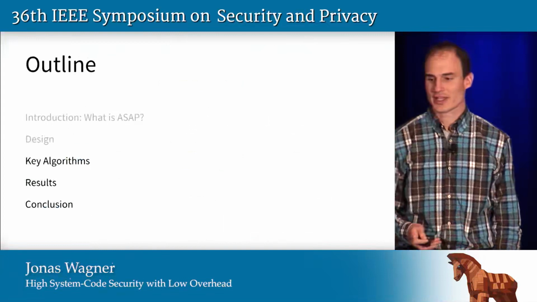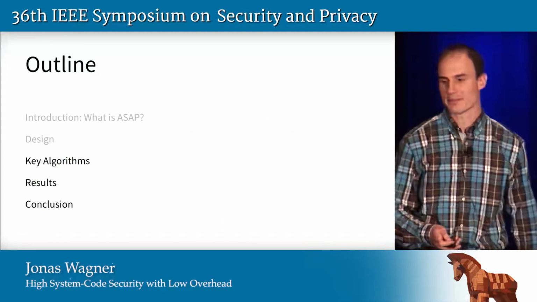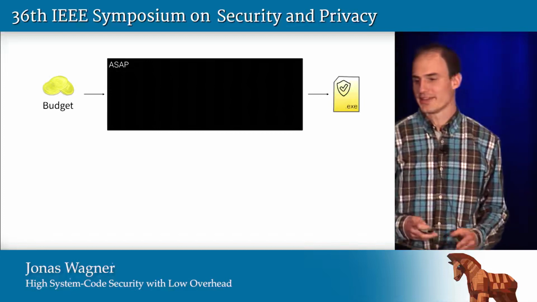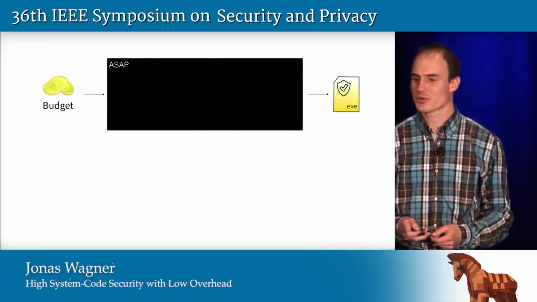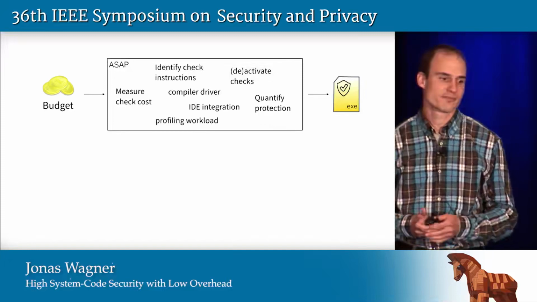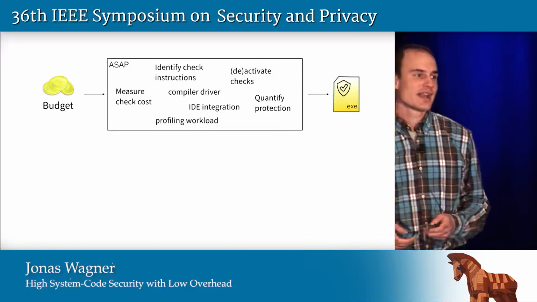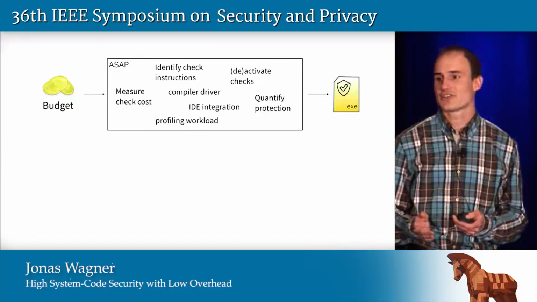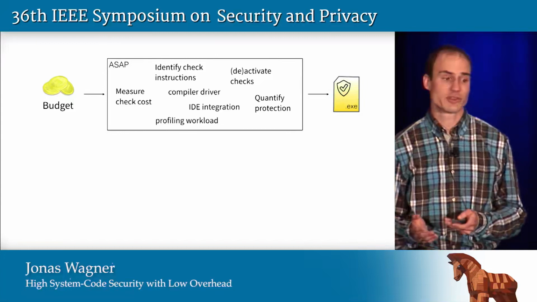We are next going to look at some of the key algorithms in ASAP. ASAP is this black box that generates fast protected programs, and it contains a number of important parts. I'll have to refer you to the paper for many of these, for example, on how ASAP identifies checks or how to select a good profiling workload.